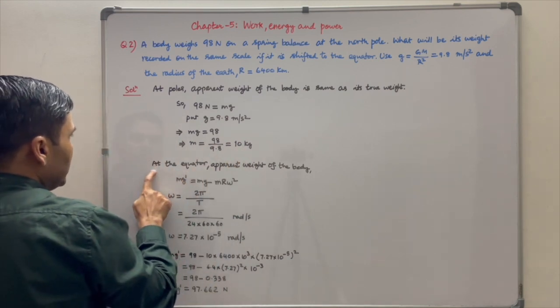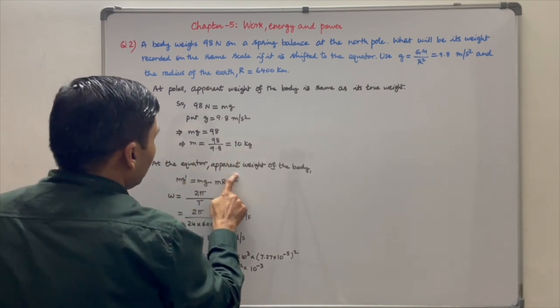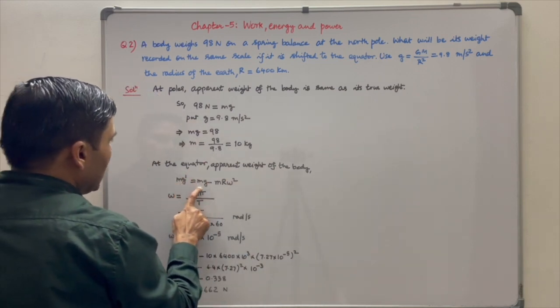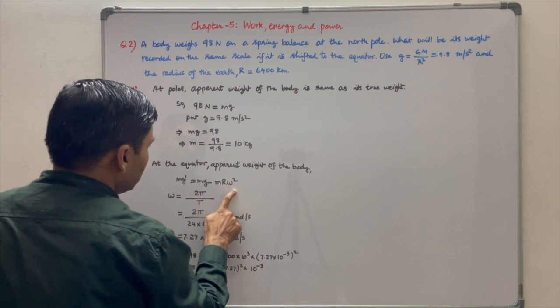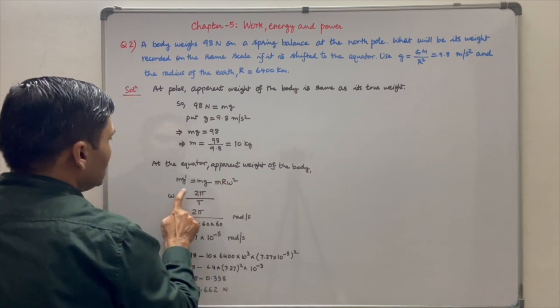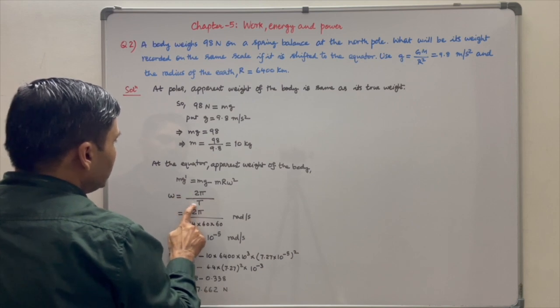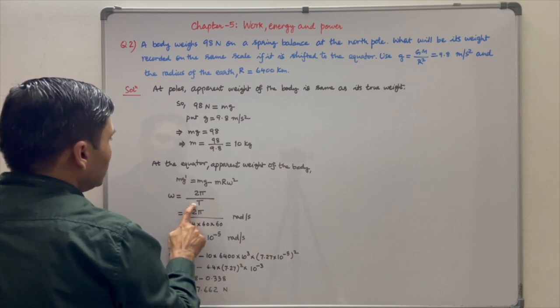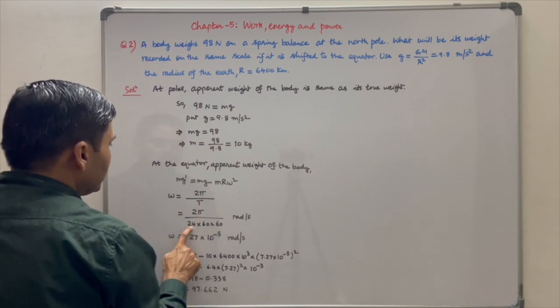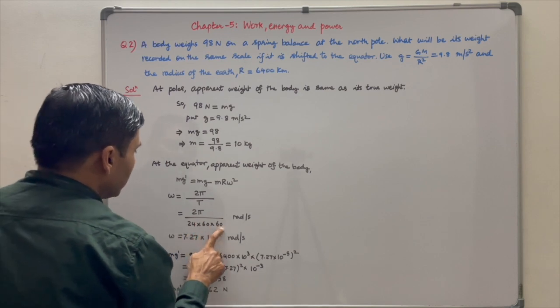When the body is shifted to the equator, apparent weight of the body is equal to mg dash, and that is equal to mg minus mR omega square, where R is radius of the earth and omega is equal to 2 pi by T. T is the time period of the earth, that means the time it takes to make a complete revolution, and that is 24 hours into 60 minutes into 60 seconds.